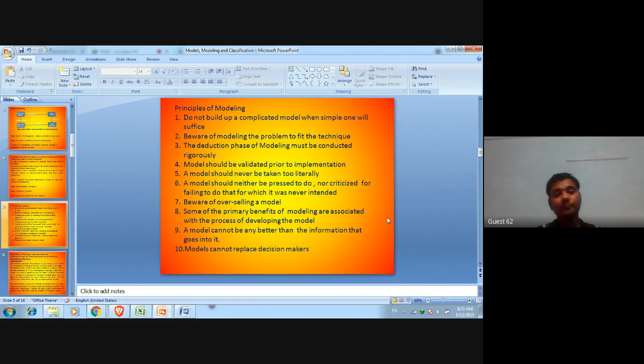Now, the next principle says some of the primary benefits of modeling are associated with the process of developing the model. Means it is true in general that a model is never as useful to anyone else as it is to those who are involved in building it. If you are constructing a model or using it, this will be more useful for you.